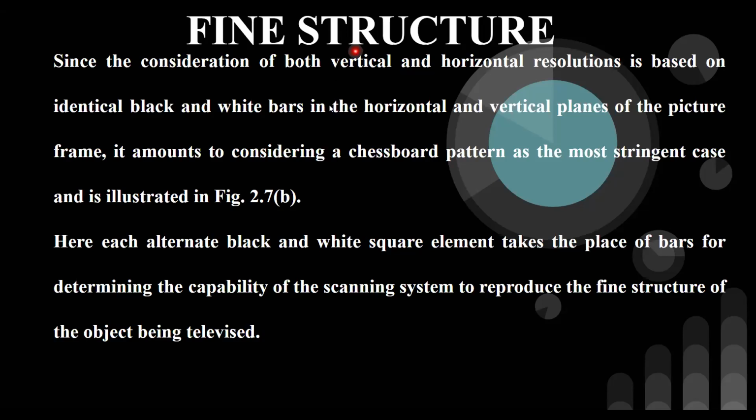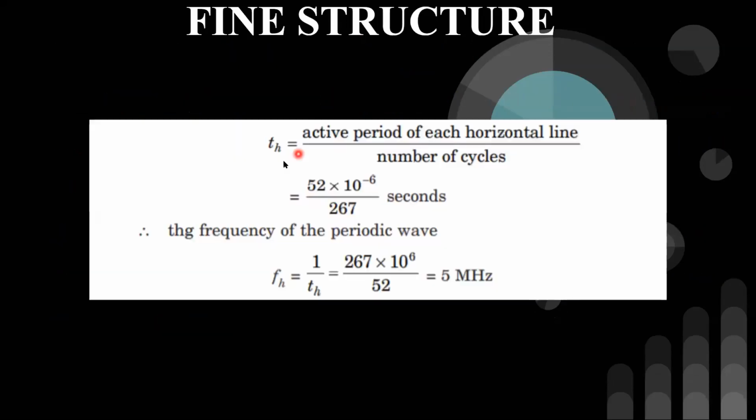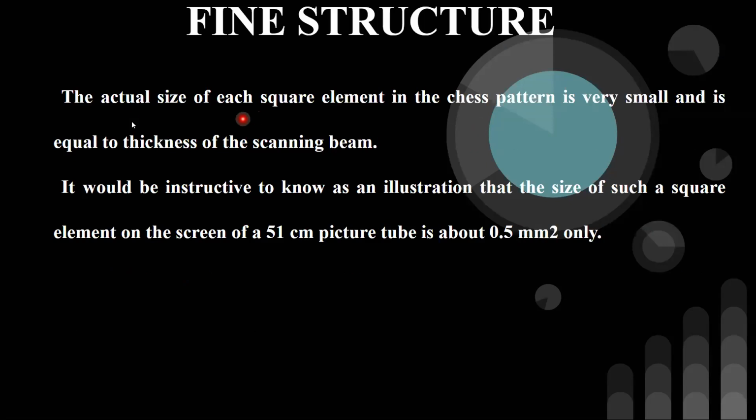So since this consideration, this is the actual time period. From this, the frequency equals 5 megahertz. Since the considerations of both horizontal and vertical resolutions are taken here, the actual size of each square element in the chess pattern is very small and equal to the thickness of the scanning beam.